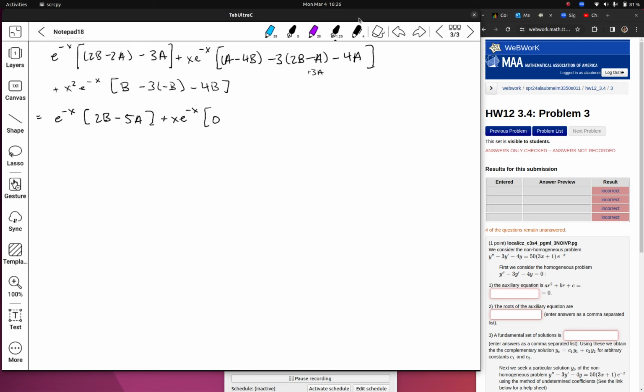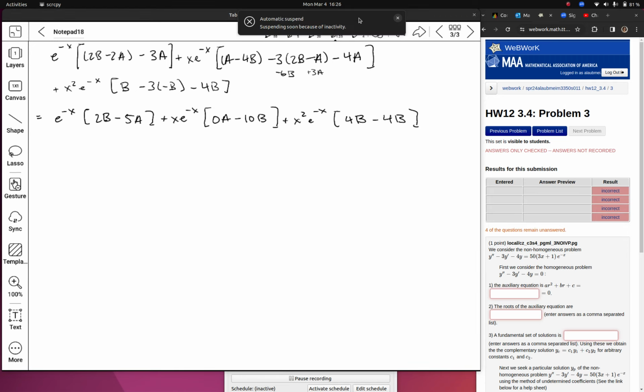And then minus 4b minus 6b is going to give me minus 10b. And then here I've got b plus 3b is 4b, because minus 3 times minus b multiplied together gives me plus 3b, minus 4b. Oops. So that's just going to give me 0.